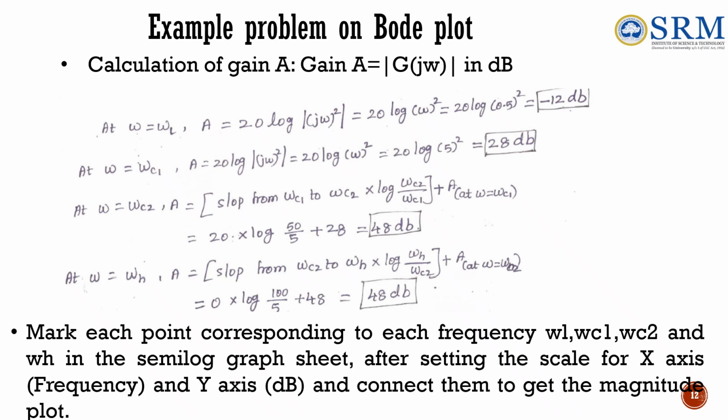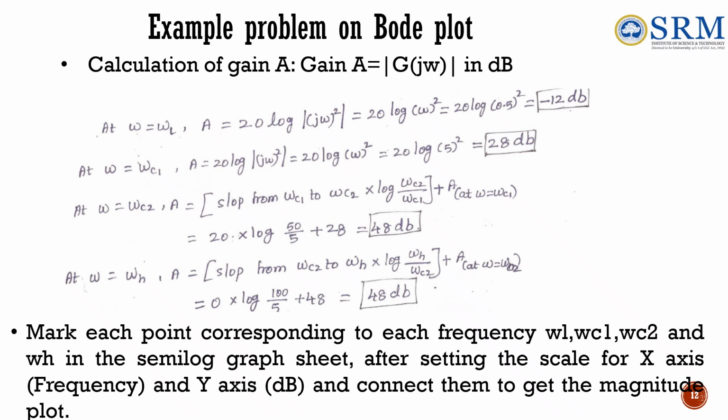At ω equal to ωc2, the gain can be calculated with the equation: slope from ωc1 to ωc2 into log ωc2 by ωc1 plus magnitude at ω equal to ωc1. So here 20 into log 50 by 5 plus 28, which is equal to 48 dB.